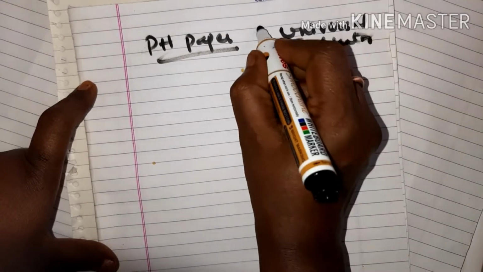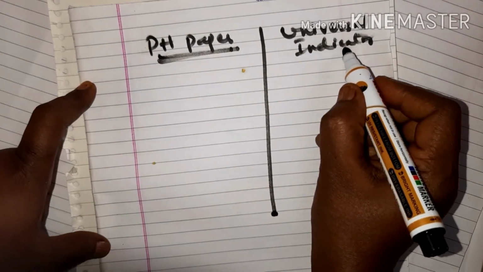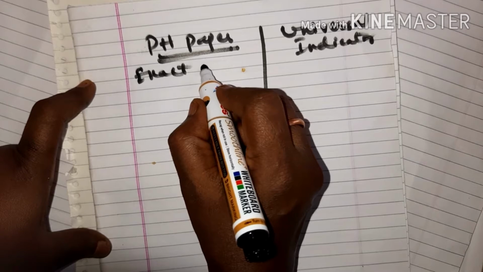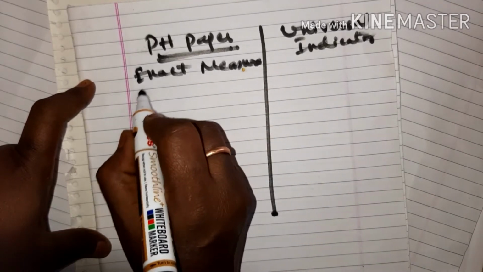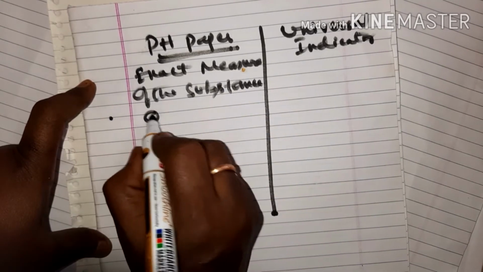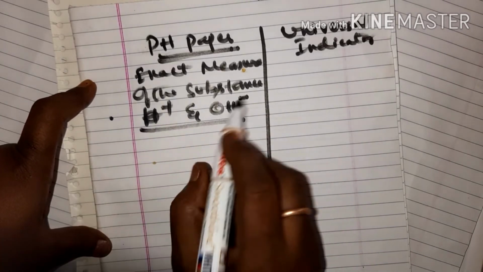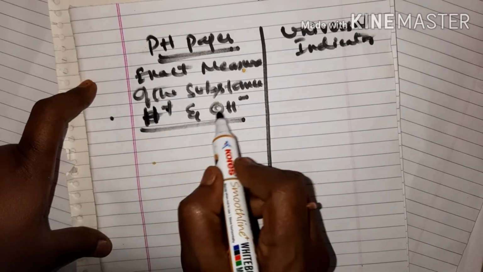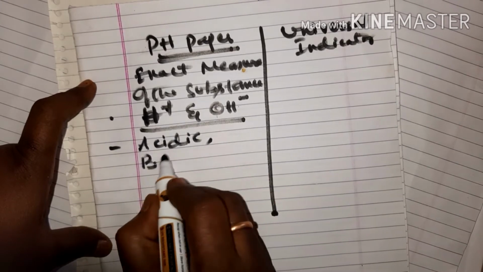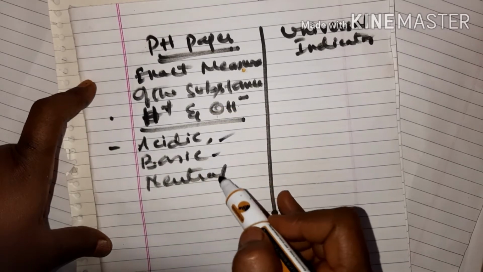More or less both are the same, but what is the major difference? pH paper gives the exact measure of the substances based on H plus and OH minus ions. That is, whether a substance is acidic, basic or neutral.